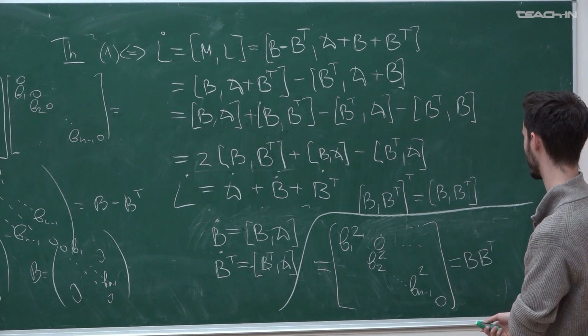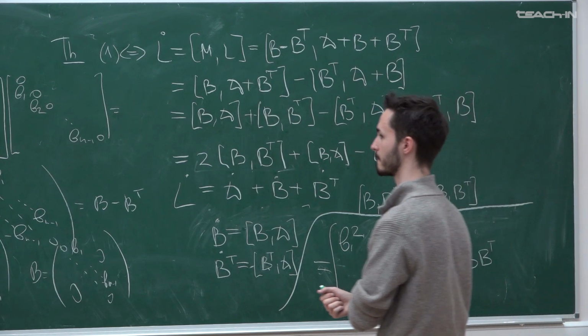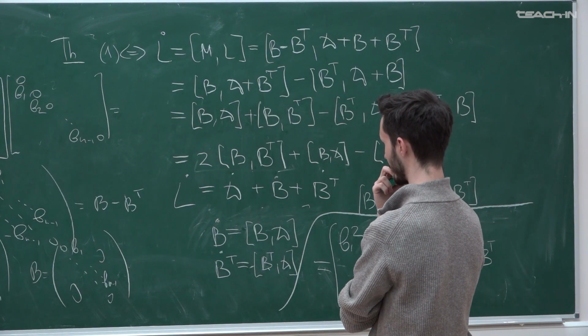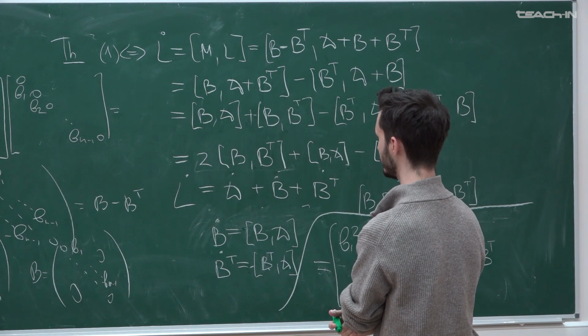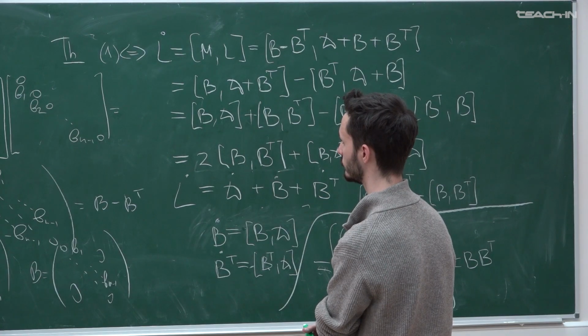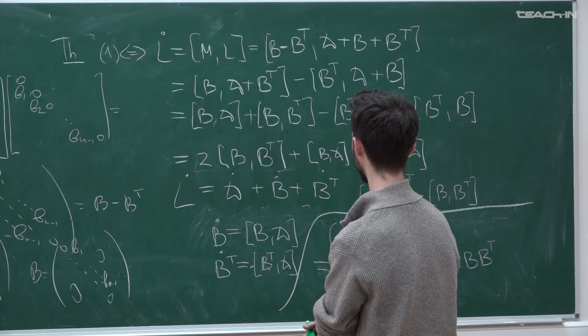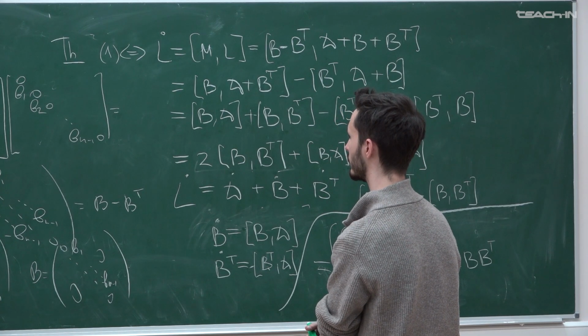Could you imagine the general rule of composition of two matrices of such form, upper off-diagonal and lower off-diagonal, like a Jacobian matrix? In the general situation, their product is a diagonal matrix.